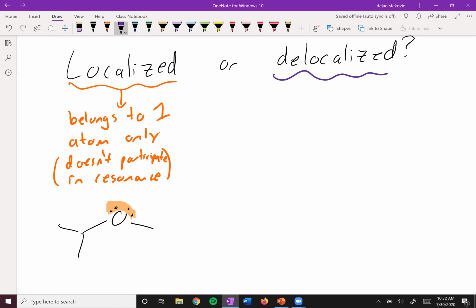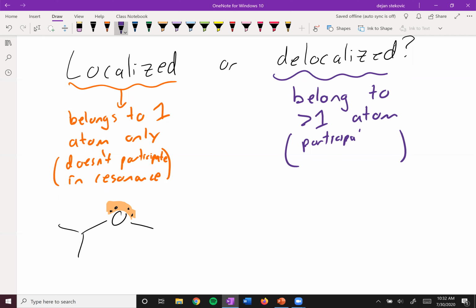The other option is to be delocalized, and here you belong to more than one atom. Right? You're in some kind of conjugated system. You participate in resonance. An example of this would be a similar compound as the one to the right, except now we've got this carbocation over here.